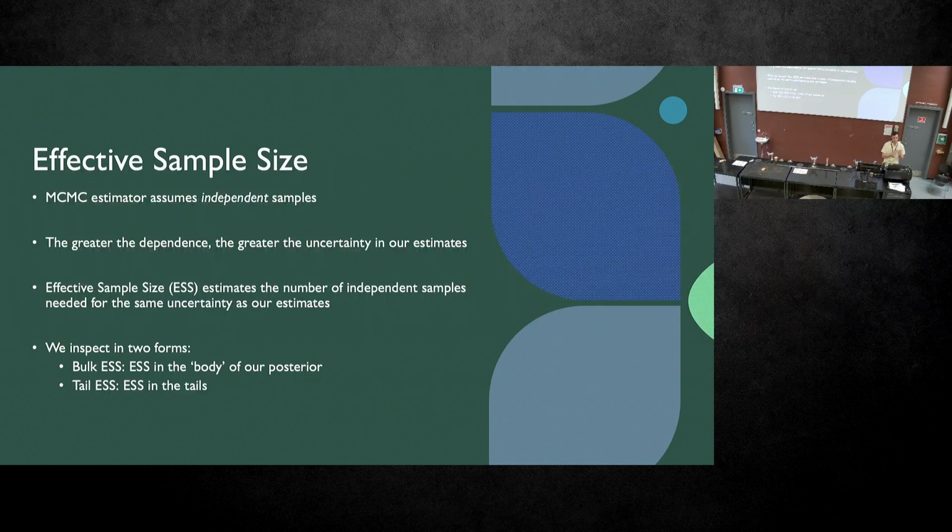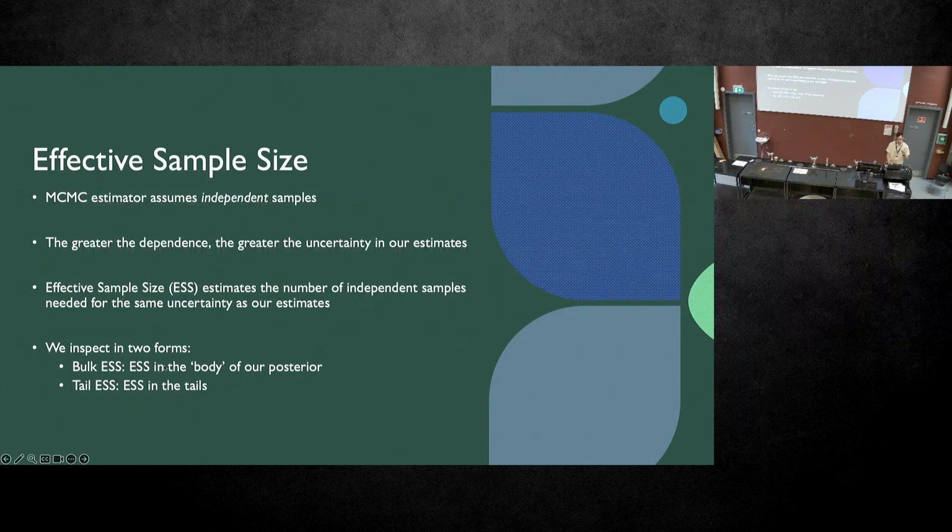Well, it's saying that you've really only got 50 effective independent samples to base your inferences off. So when we see such low effective sample sizes, not absolute, but relative to our number of iterations, that's a sign that there's something about our sampling, something about our construction of our distribution, that we need to investigate.